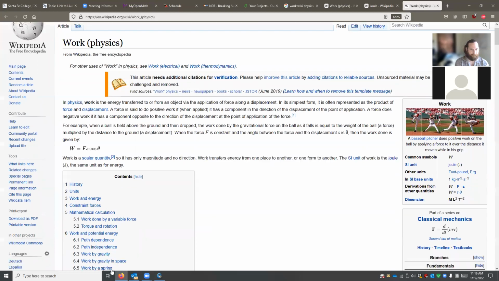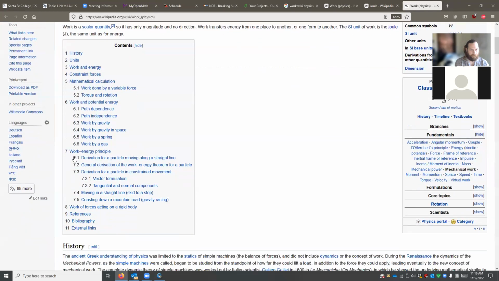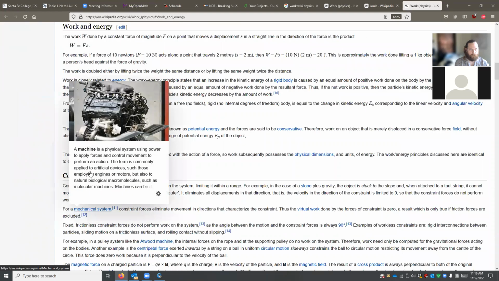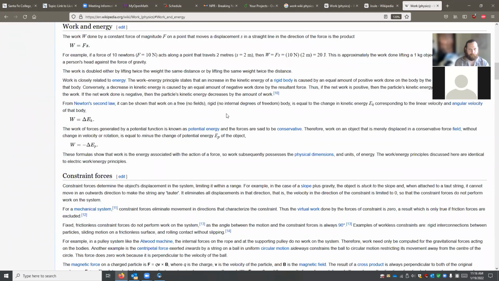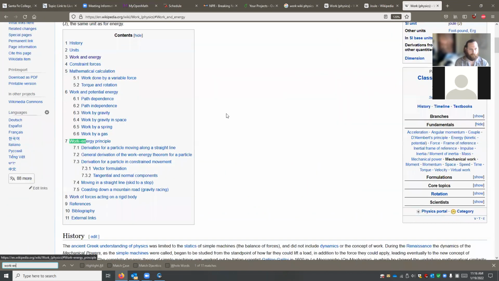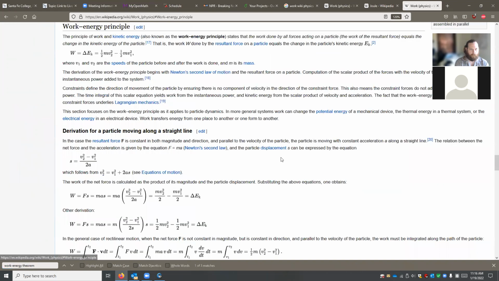Oh, just have to skip down to the work-energy theorem. Close enough. All right, it says that work is the rate of change for the energy.